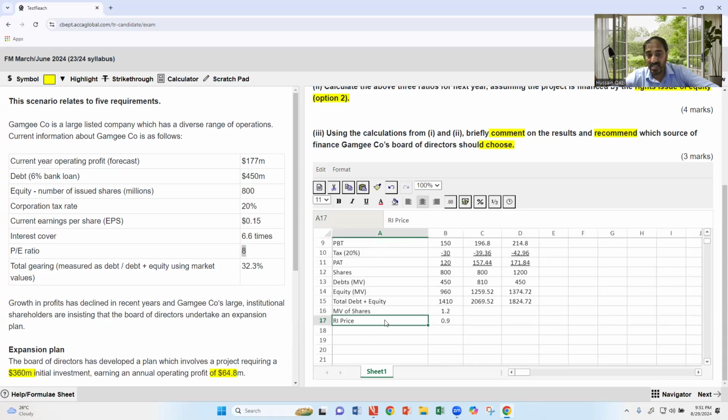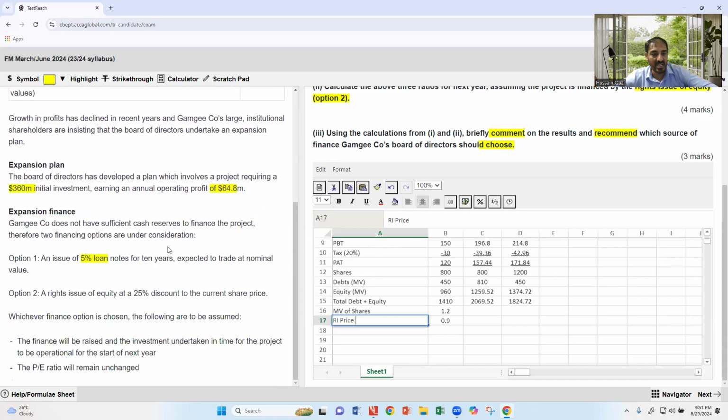Then rights issue price. Here it mentions the rights issue price is at 25% discount. So 25% discount means 1.2 into 0.75. If we identify the rights issue discount, that's all done.